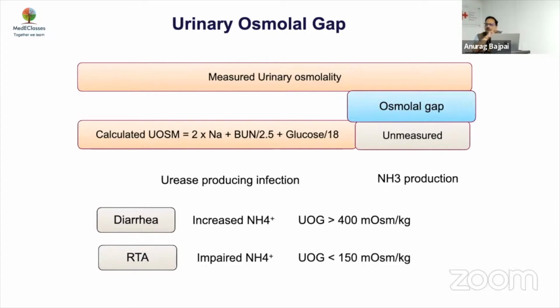So two ways to differentiate a GI loss versus RTA are to look at urinary anion gap, which will be positive in RTA, and urinary osmolar gap, which will be low in RTA. Urinary anion gap will be negative in diarrhea, and the osmolar gap will be high in diarrhea.